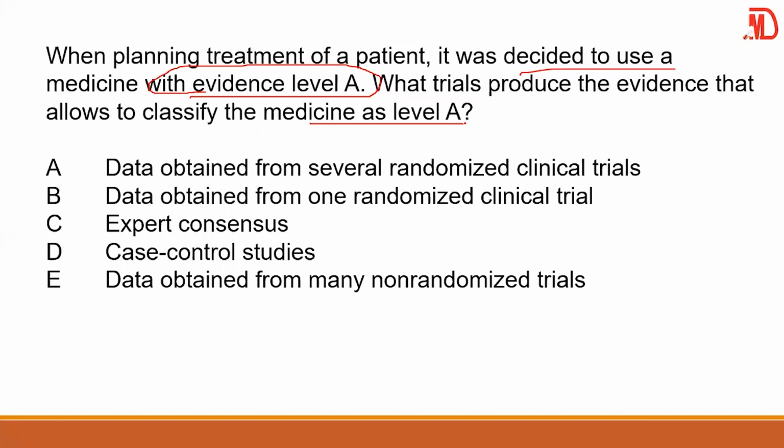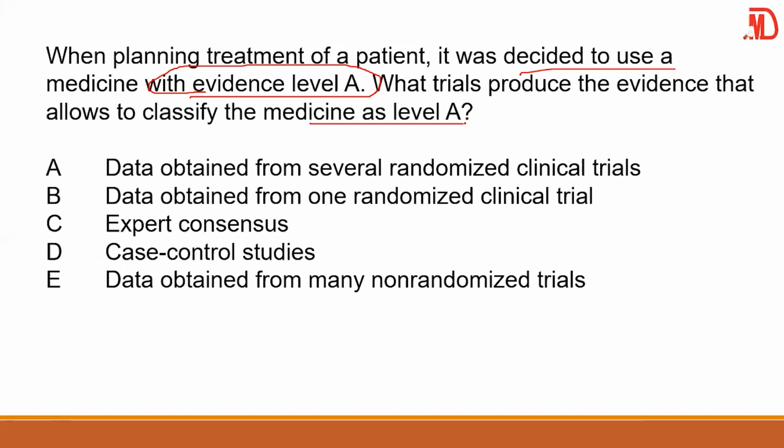So now levels of evidence, sometimes we call it hierarchy of evidence. These are assigned to studies based on the methodological quality of their design, the validity and applicability to patient care.